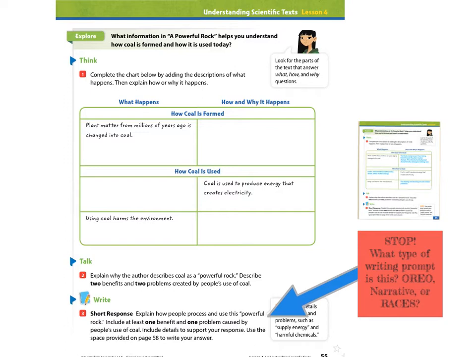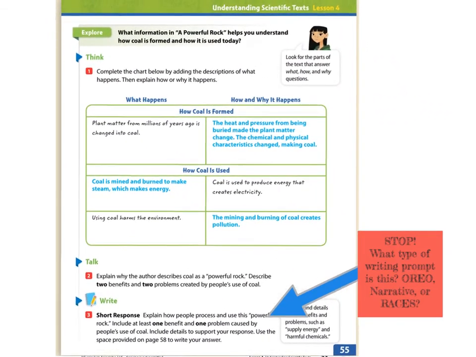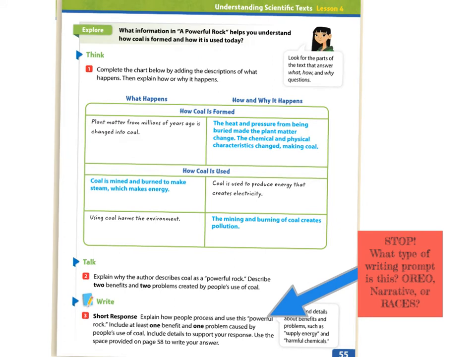So I'm thinking about how and why plant matter from millions of years ago is changed into coal? Well, I'm thinking the heat and pressure from being buried made the plant matter change. The chemical and physical characteristics changed, making it coal, which is exactly what the text told me.